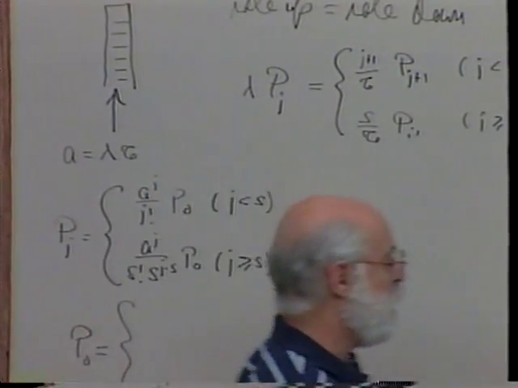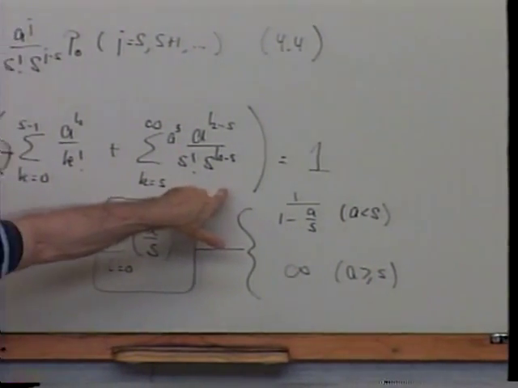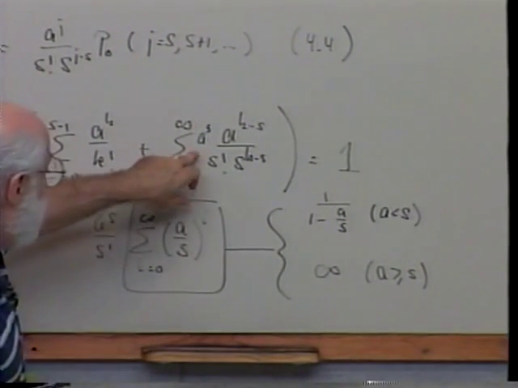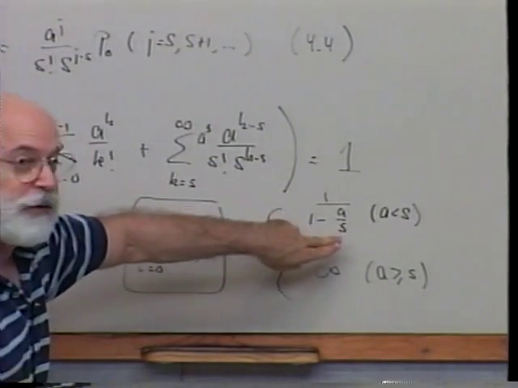In the first case, in which I have convergence, in which this infinite series converges, then this term right over here is equal to a to the s over s factorial times 1 over 1 minus a over s.